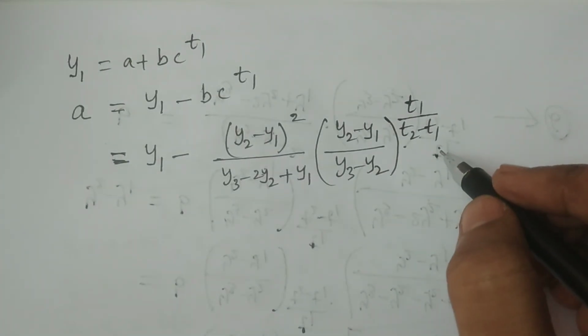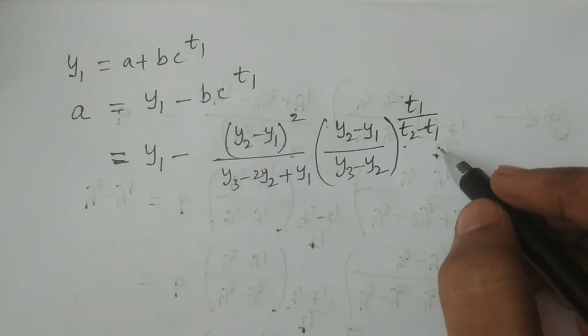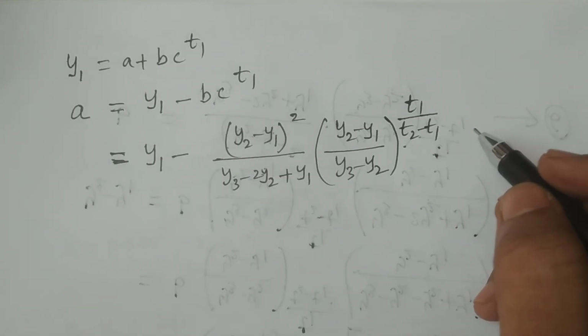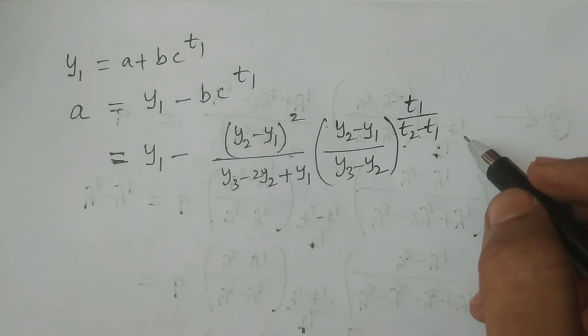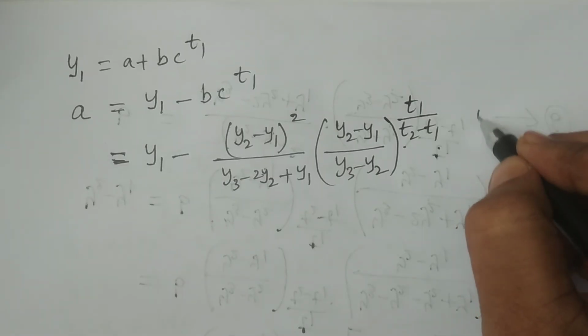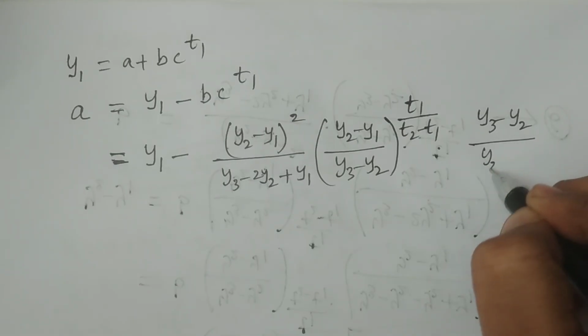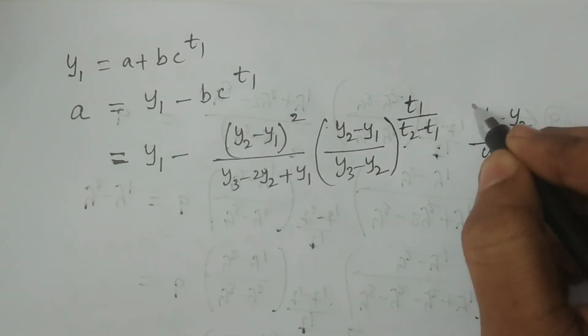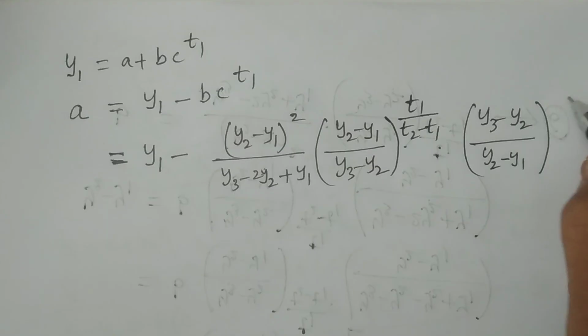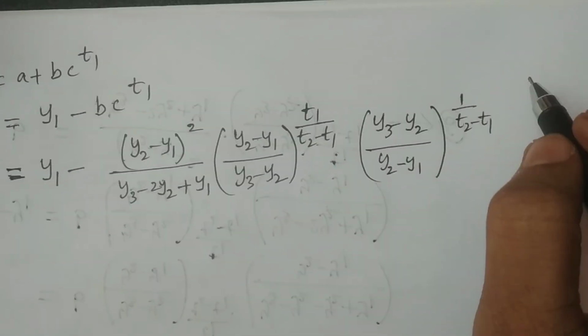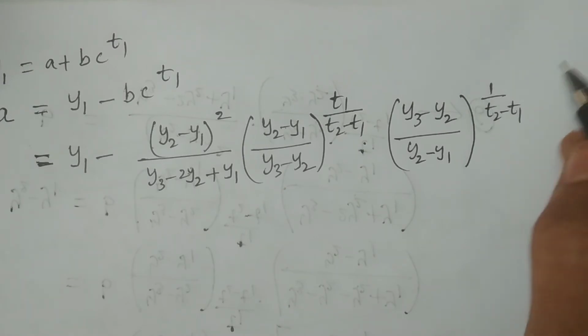Now c. What is the value of c? The value of c is y3 minus y2 divided by y2 minus y1, the whole power 1 by t2 minus t1. Is it right?